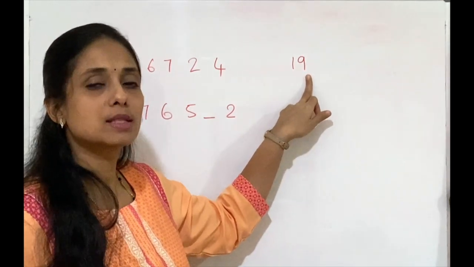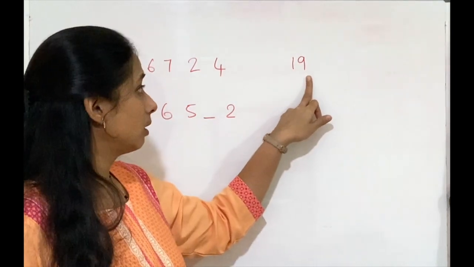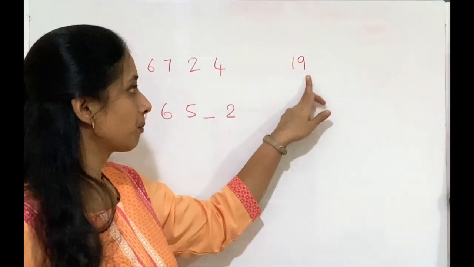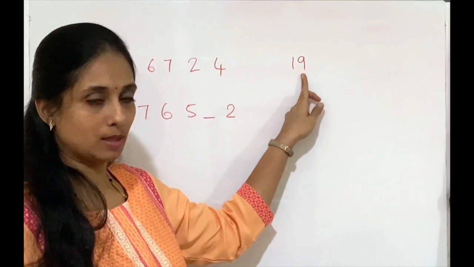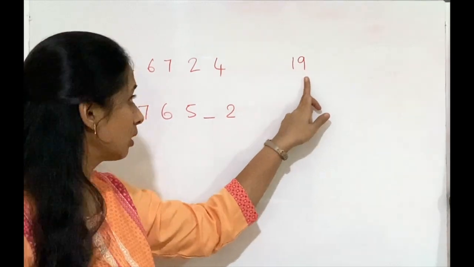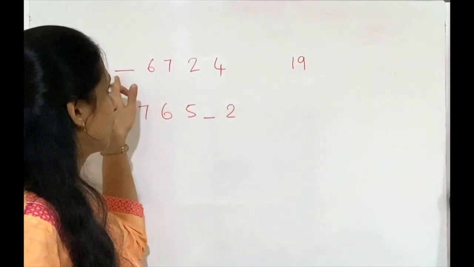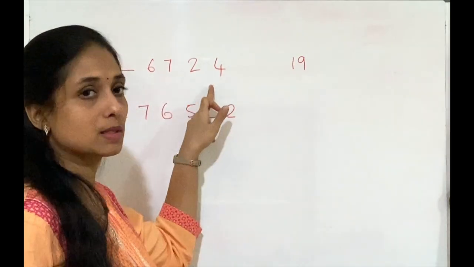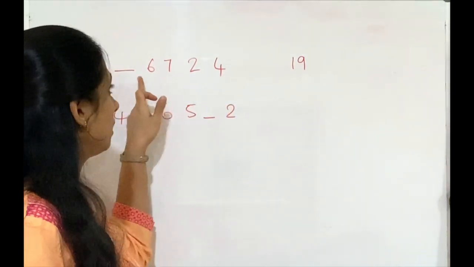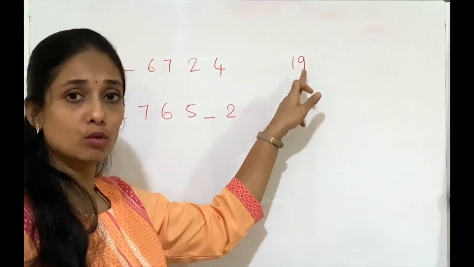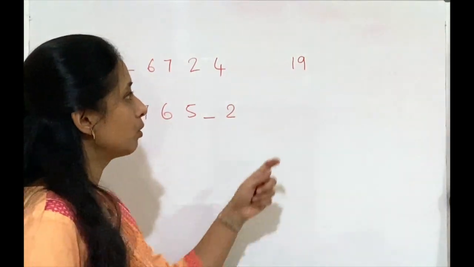So what is the nearest number divisible by 3? You cannot reduce this number. It has to be only more, because you can only add something to this. You cannot reduce anything from this sum. So what do I do?